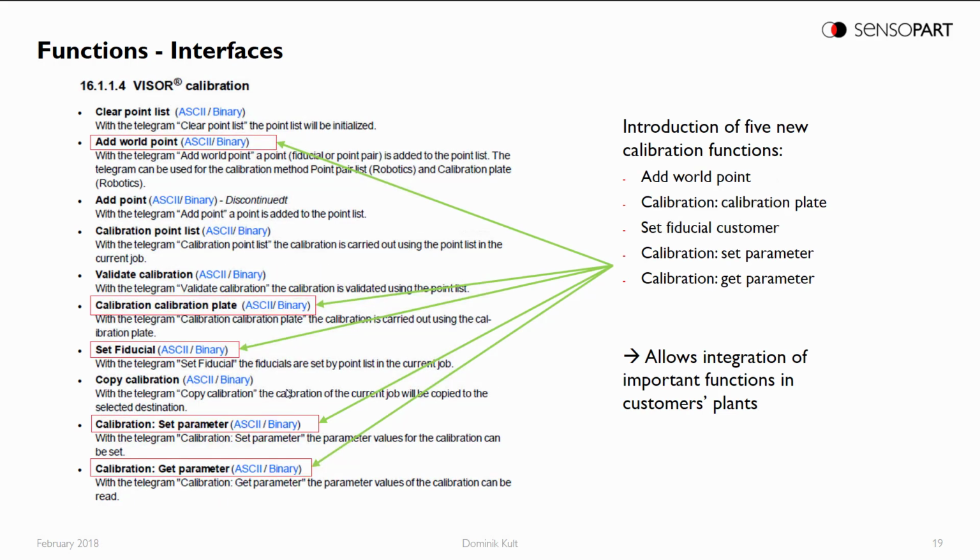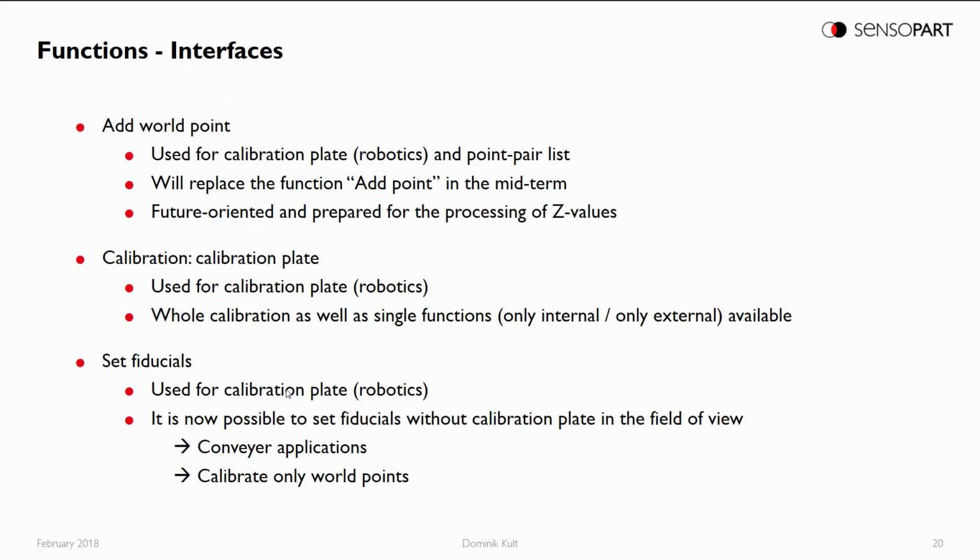Especially new requests for this release are these five in overview: the add world point request, the calibration plate request, the set fiducial request, and the set and get parameter request. In detail, the add world point request is used for the calibration plate robotics and the point pair list.